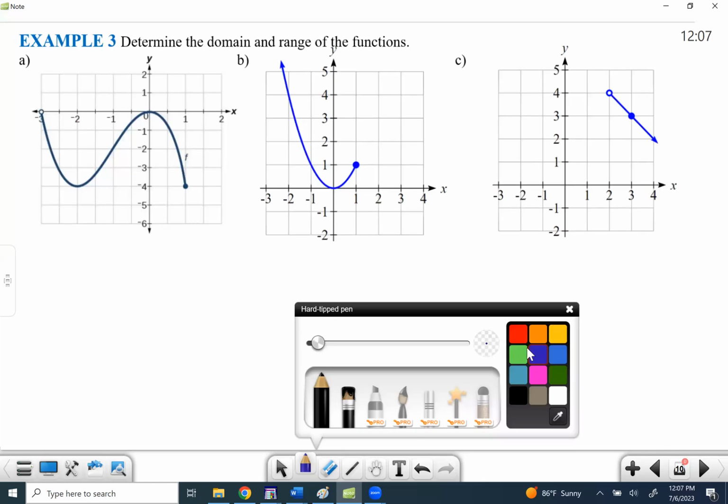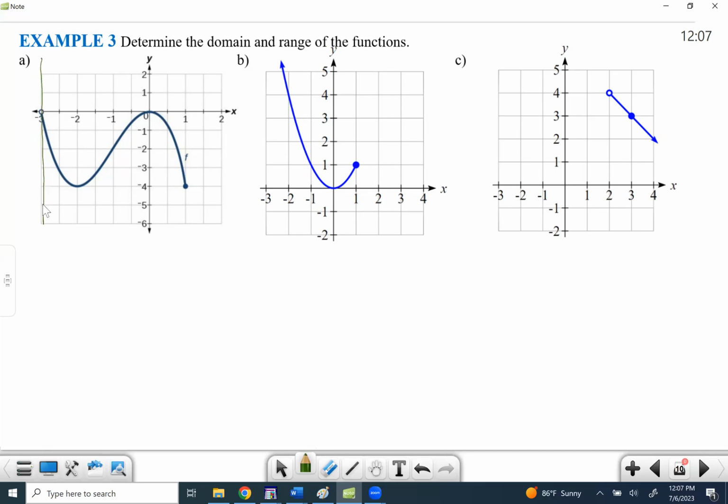So if we're looking at our domain, we go with green. I always like to kind of highlight. This is -3 here, and this is +1 here. So the graph is sandwiched in between -3 and +1. So the domain, furthest to the left, comma, furthest to the right.